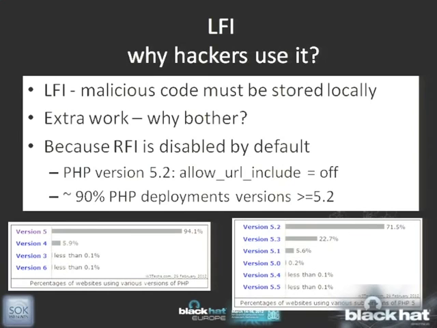So although RFI is very relevant, and we just saw that it attacked and compromised many sites, the weight has shifted towards versions higher than 5.2, where RFI is disabled by default, so hackers don't have a choice and have to move on to local file inclusion.